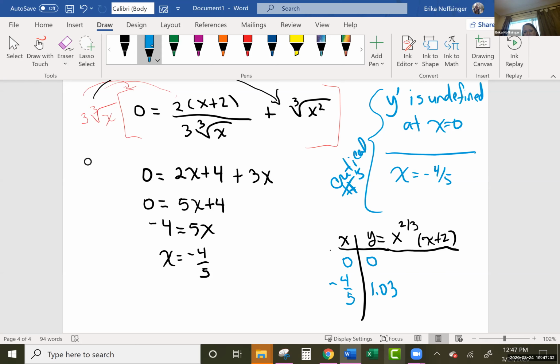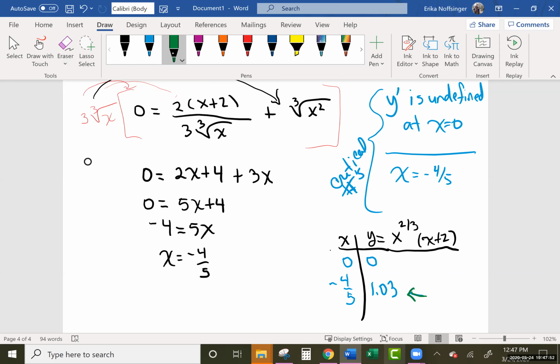Looking at that, we can see that there's going to be a max at x equals -4/5 at 1.03, and a min of 0 when x is 0. Did you get negative or positive? Salvador, positive or negative?